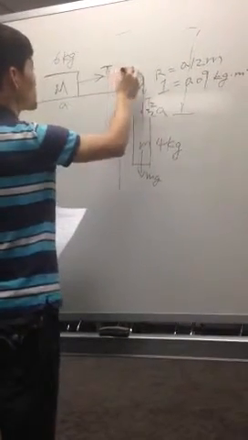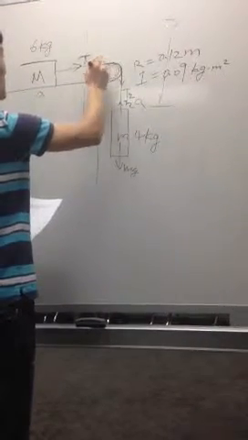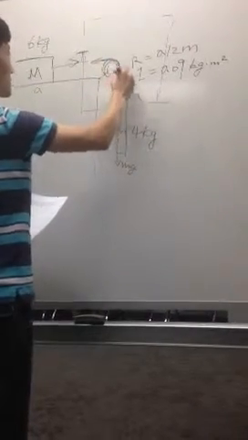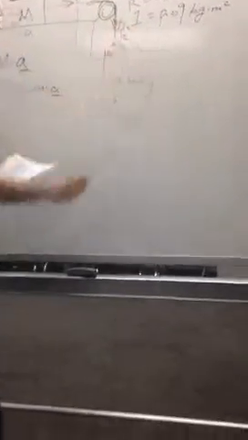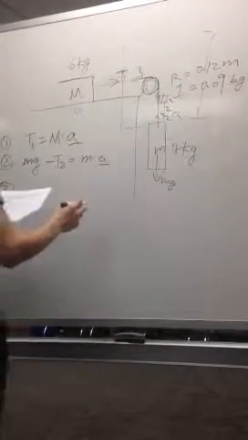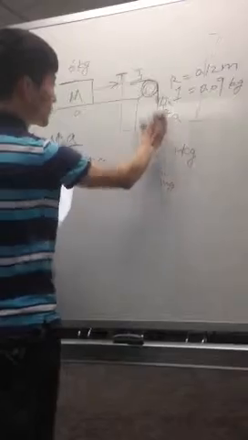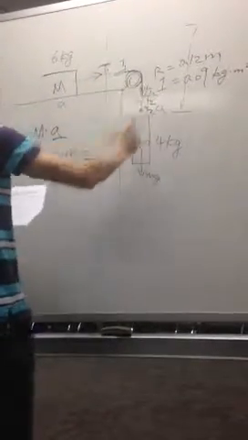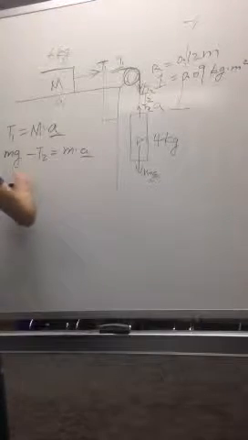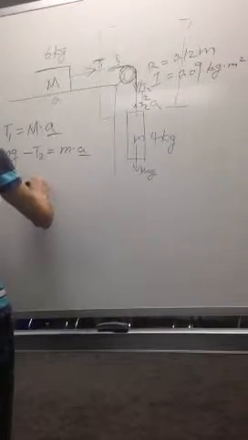So there are two tangent forces. One is T1, here is T2, right? Along the pulley. But this one will be bigger because it's rolling this way. So we have torque 2 minus torque 1.